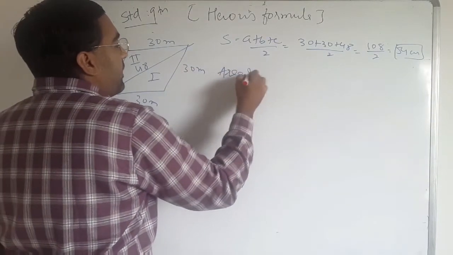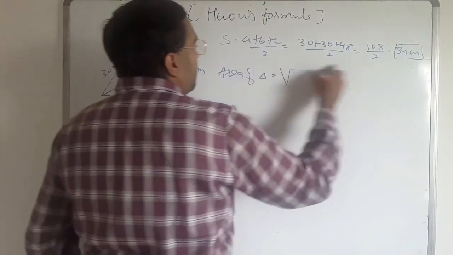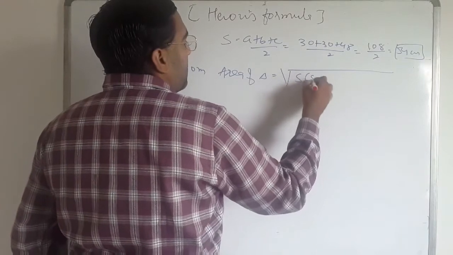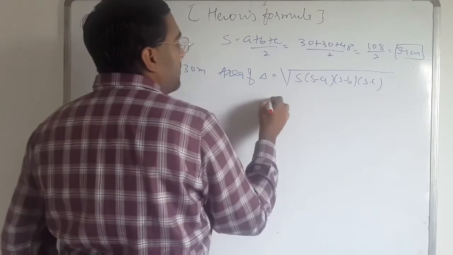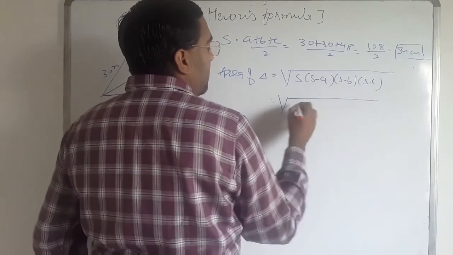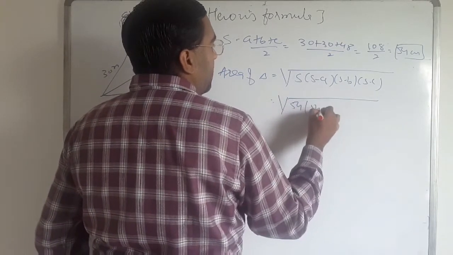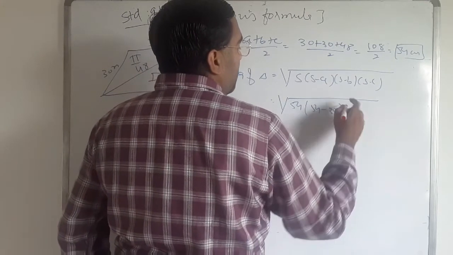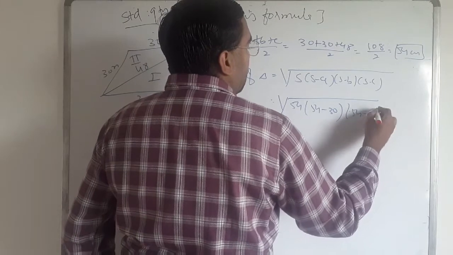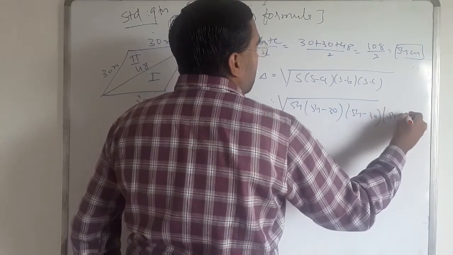So the area of the triangle is the square root of s into s minus a, s minus b, s minus c. S is 54, 54 minus 30, 54 minus 30 and 54 minus 48.